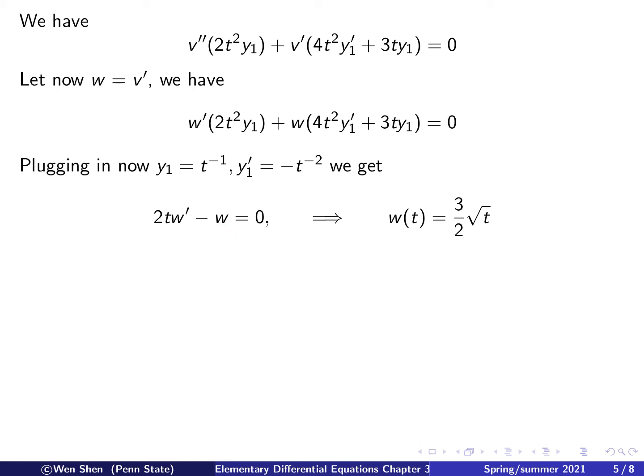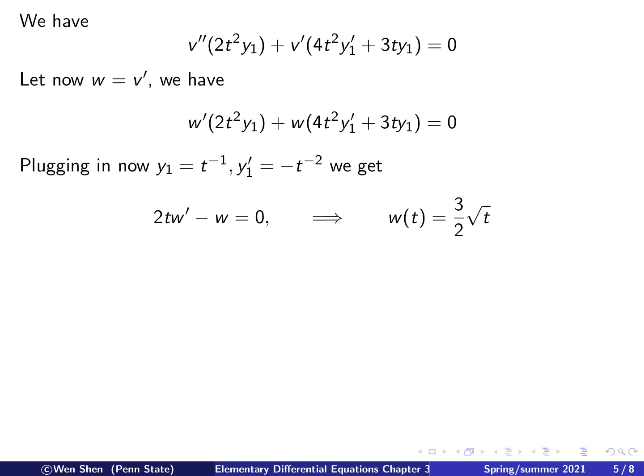Here because y1 and t cancel, it becomes 1, and t squared y1 prime cancel, it becomes negative 1. So you get negative 4 plus 3, which is negative 1. So this is a very simple first order linear equation. We know how to solve it, so don't fuss over that.